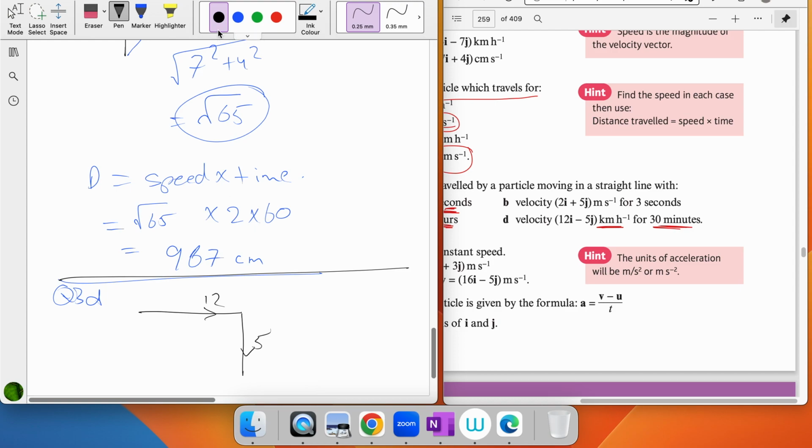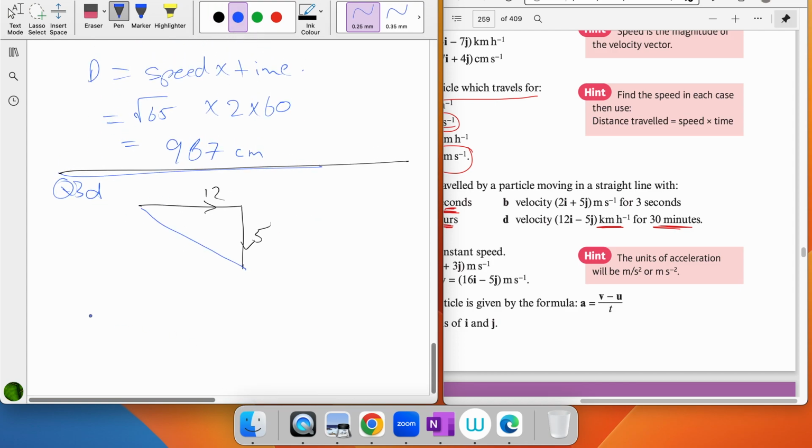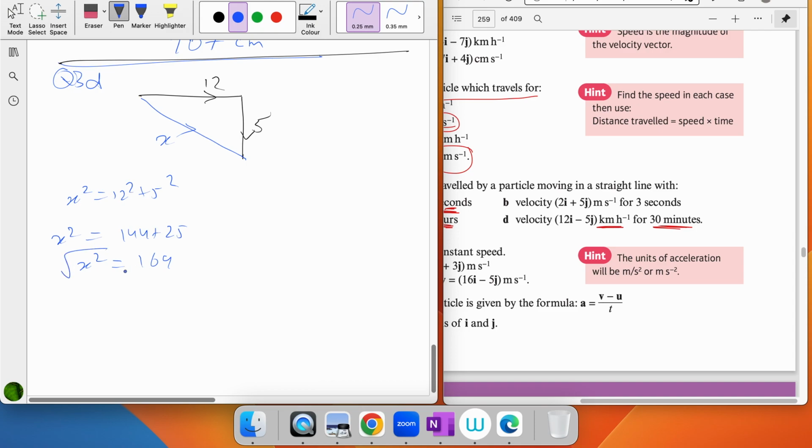So 12 and 5, we use Pythagoras theorem to find the third side. Let's say this is x, so x square is equal to 12 square plus 5 square. x square is equal to 144 plus 25. x square is equal to 169. Square root both sides, x is equal to 13.